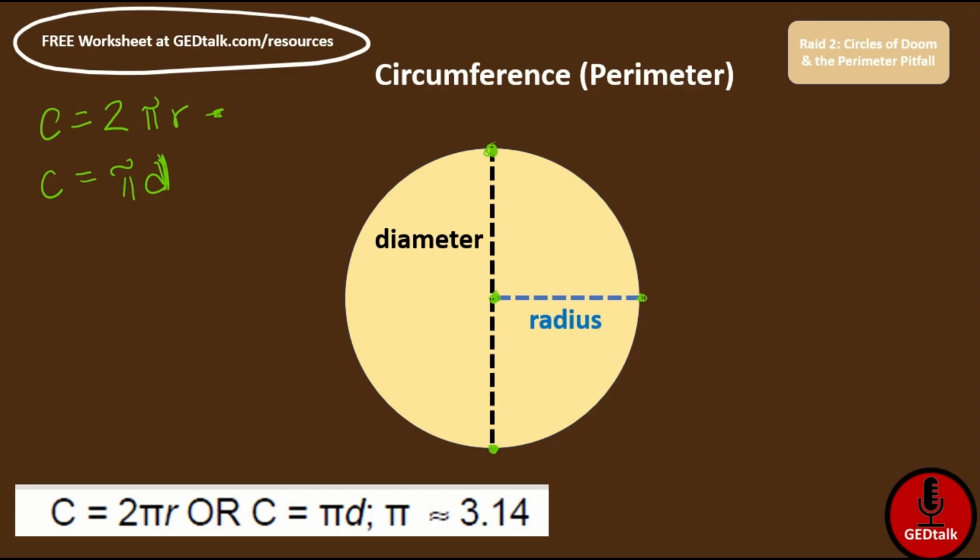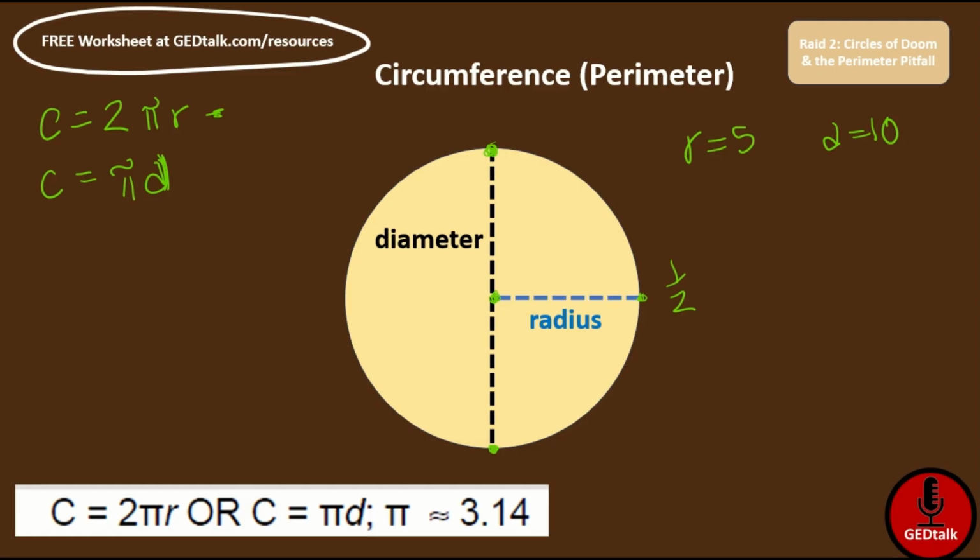So if you're like, well, what does it matter if I do 2 pi times radius or pi times diameter? It doesn't, folks, because the radius is going to be half of the diameter anyways, as you can see from the visual on the screen. So if they only give you the radius and they say, okay, well, the radius is going to equal 5, in your mind, you could be like, okay, well, the diameter equals 10. You can use either one of the formulas.